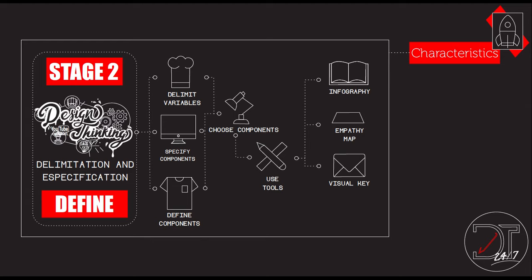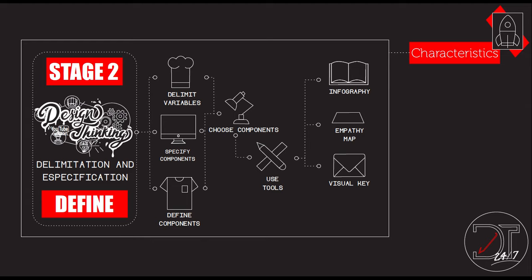Infography is an excellent tool because it allows you to map the situation and choose the different components in a graphic way. It's very important to always show things in a graphic way because it's more understandable for you and the different partners that you have in your group.